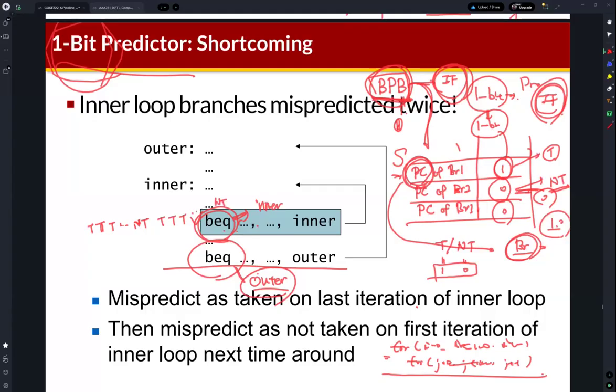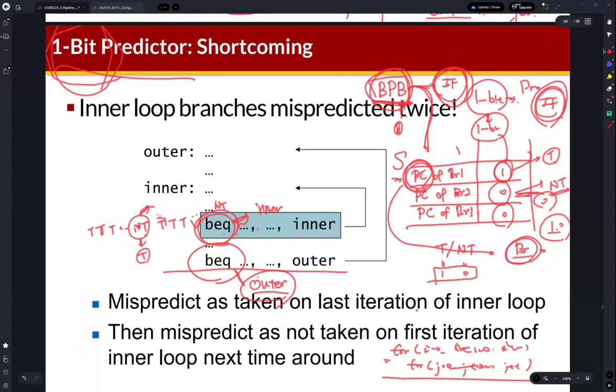So what's the problem? If we use the one-bit predictor, it's incorrect for this case, right? It will be predicted as taken, but the real result is not taken. And then the next result will be taken, but we predict the next result is not taken because it's a one-bit predictor.